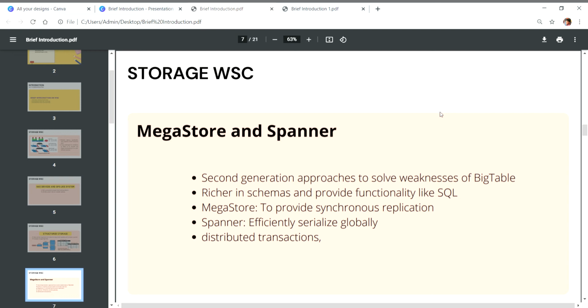Megastore sacrificed write throughput in order to provide synchronous replication, while Spanner uses a new time-based API to efficiently serialize globally distributed transactions, which provides a simpler consistency model to applications, with wide area replication for fault tolerance. Both Megastore and Spanner sacrifice some efficiency in order to provide a much simpler programming interface.